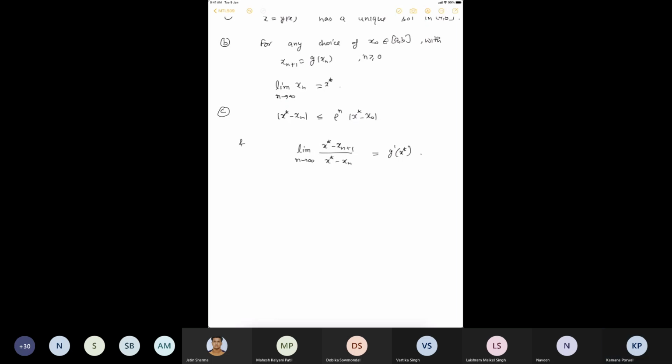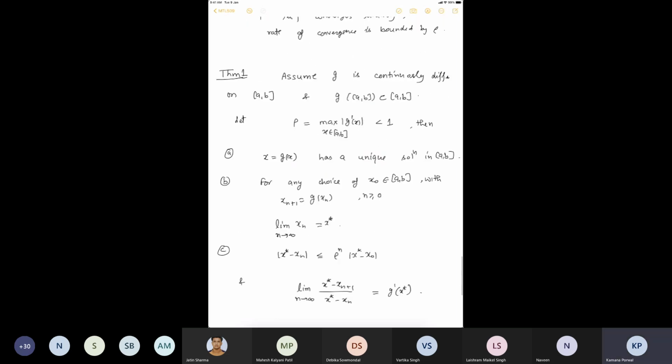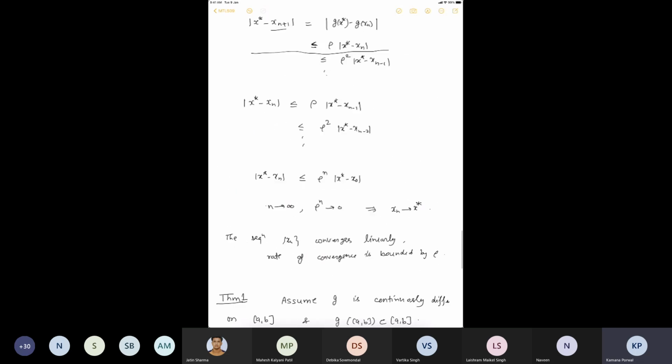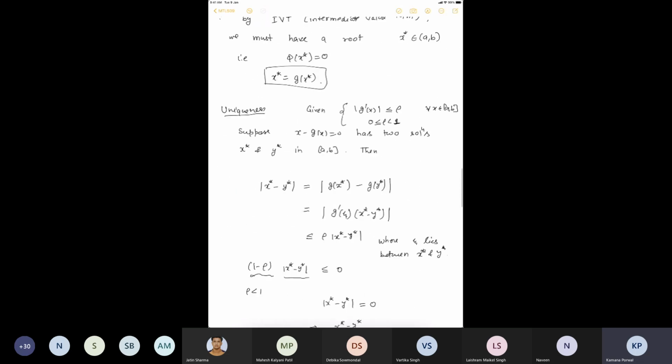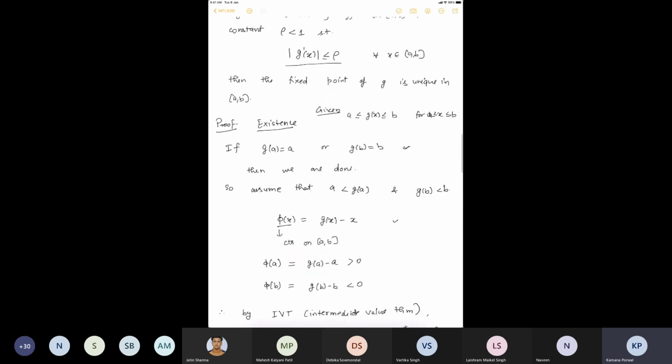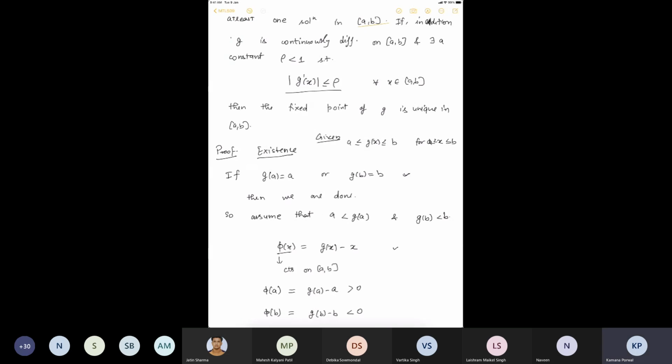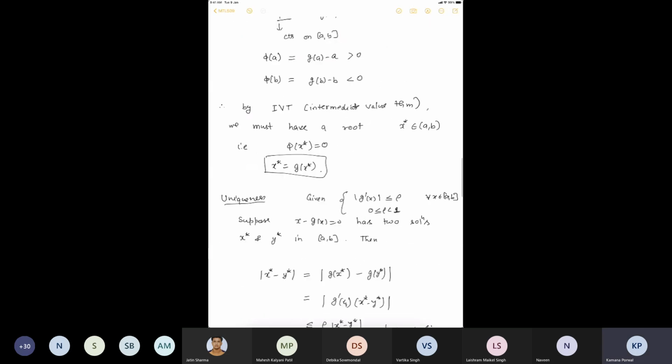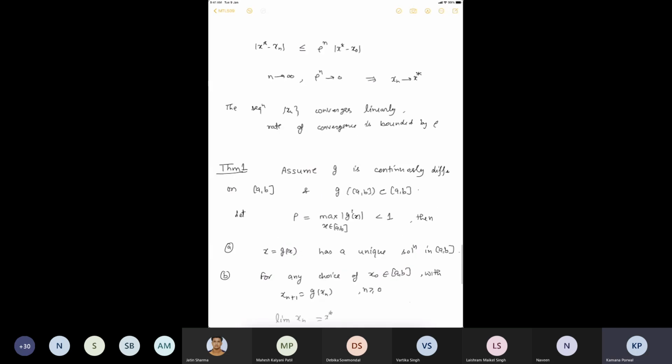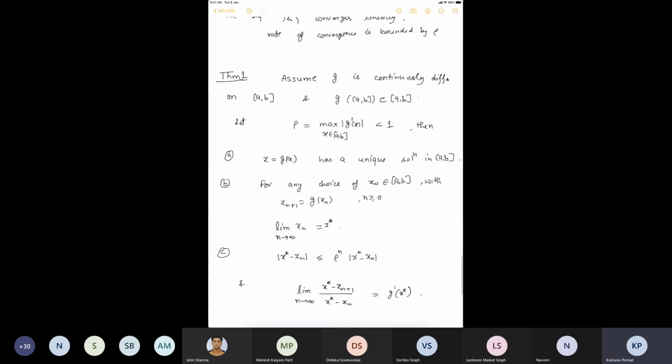Basically, what is different in this theorem? In the previous statement, I wrote that if there exists some rho for which this holds. Now I'm giving the explicit expression of rho, that rho is the maximum of this, which is strictly less than 1. This is the assumption, and then the following statements hold.